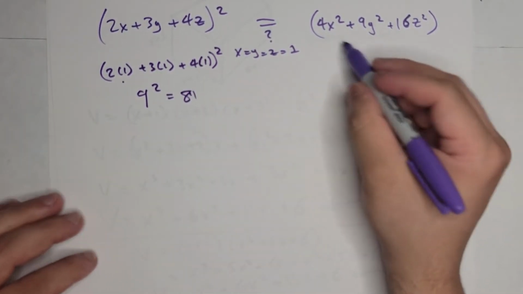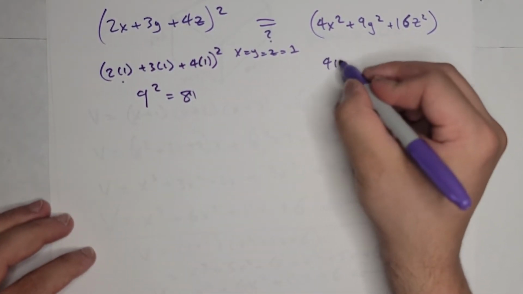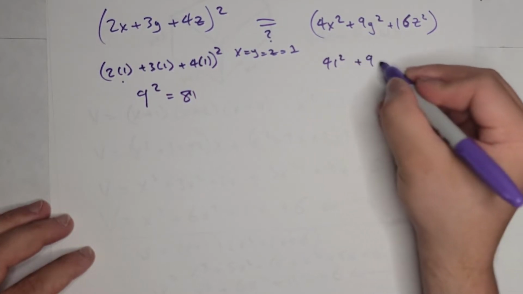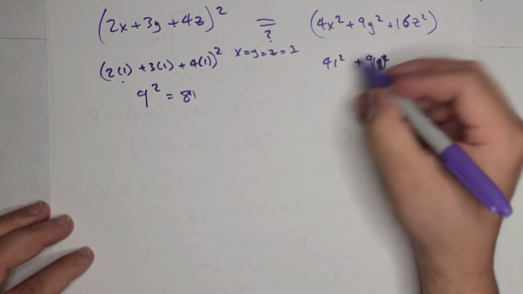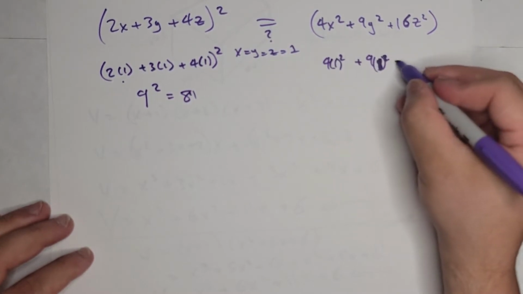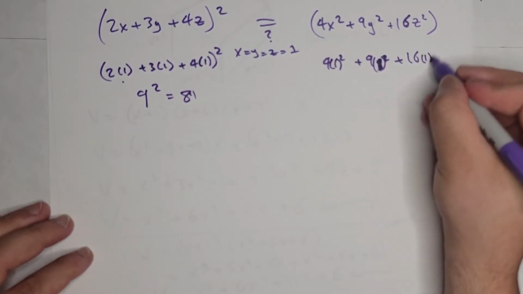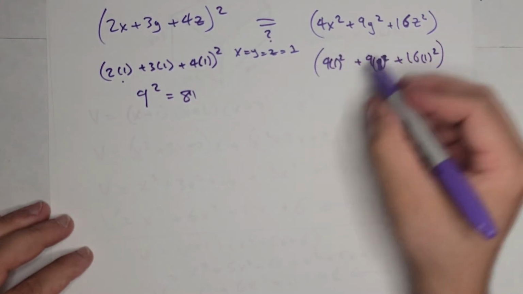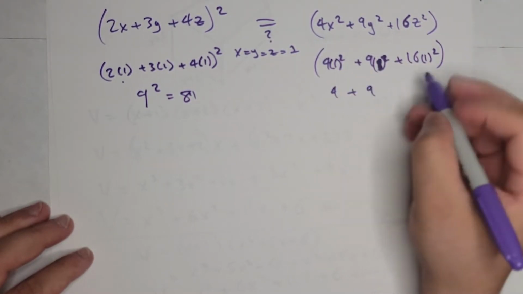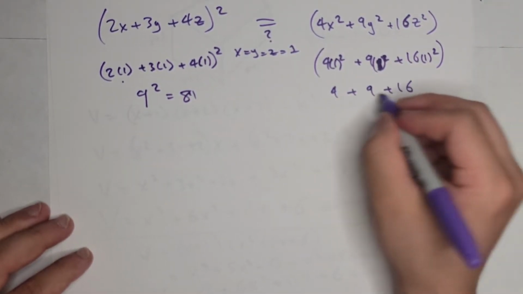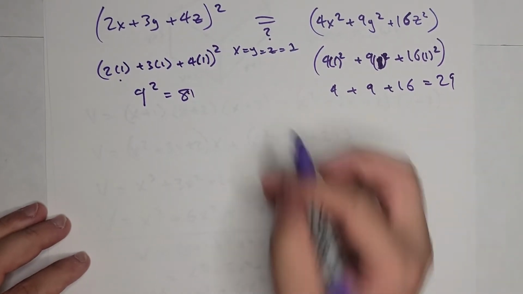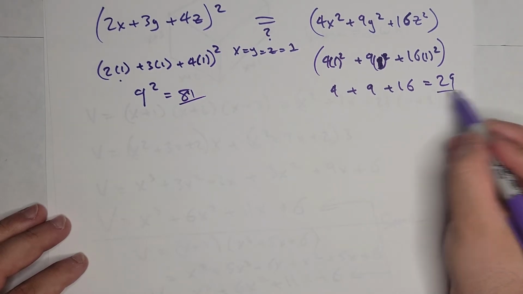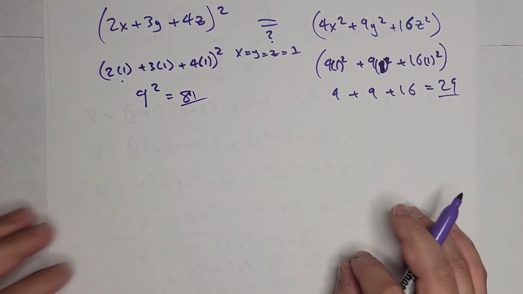But here, if I plug in 1, 4 times 1 squared plus 9 times 1 squared plus 16 times 1 squared. I'm left with 4 plus 9 plus 16, which is 49. And since this is not equal to that, we say that they're not equivalent.